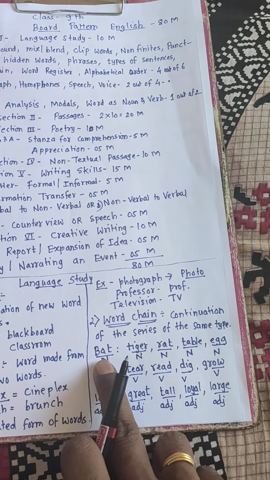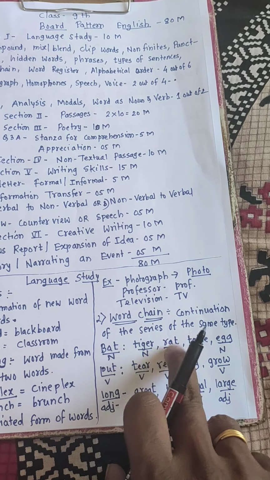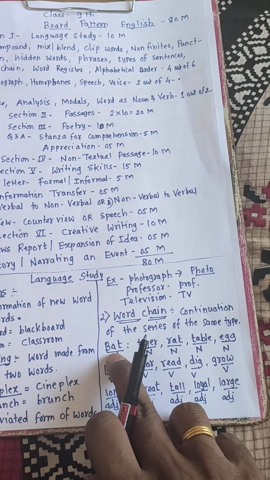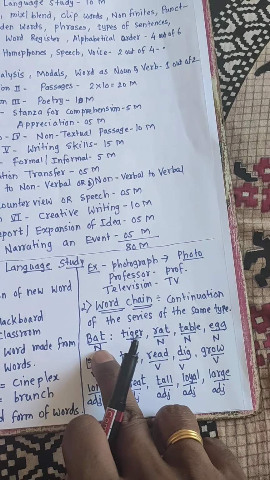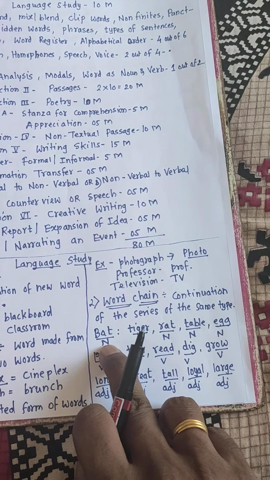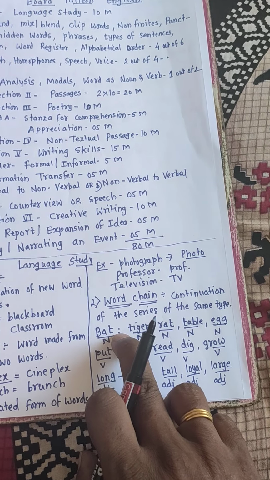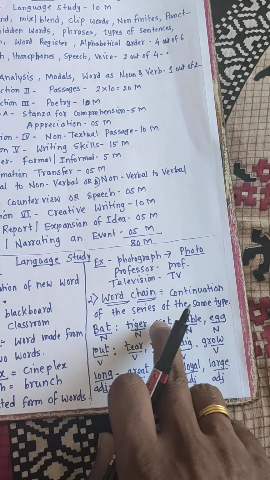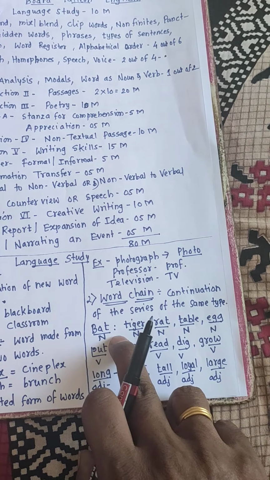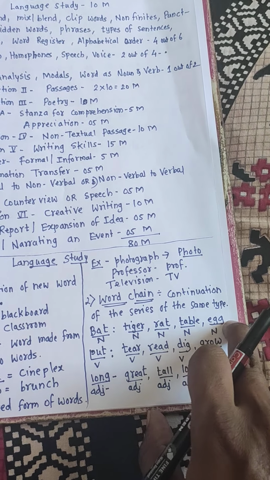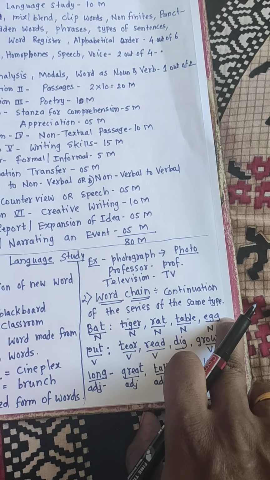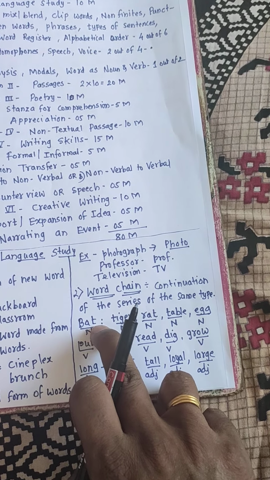What you have to do here is you have to continue with the same series. Now first I have written here a noun, bat, B-A-T, bat. It's a noun and the last letter of the word is T. Now you have to continue the chain of nouns only. Noun is given, you have to write next four words nouns only with the last letter of the previous word.